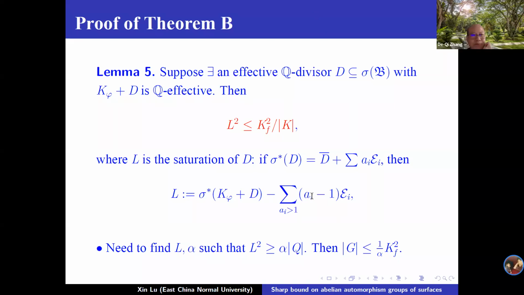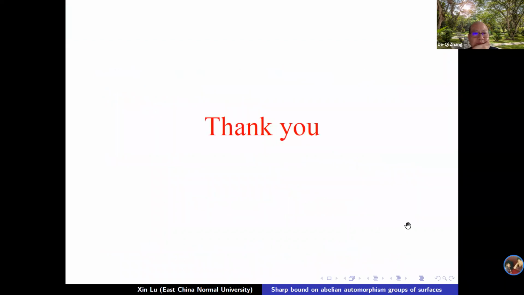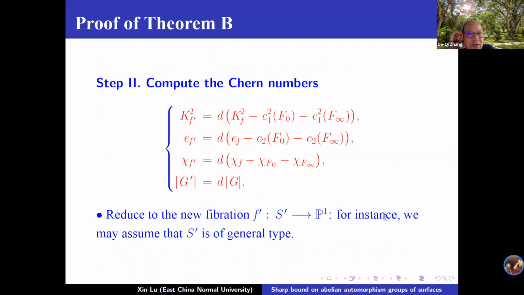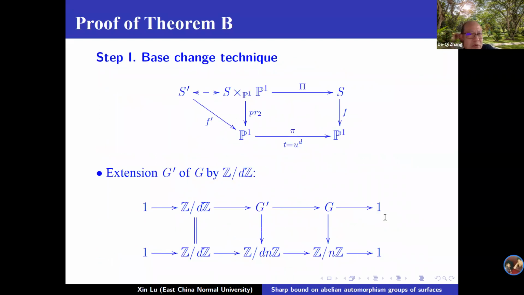Okay, thank you. Any question or remark? I have a question. You took a base change from G to G prime. How do you show that G prime is abelian? Here the Cauchy group Q is abelian, so we can lift this abelian group to P1 here.